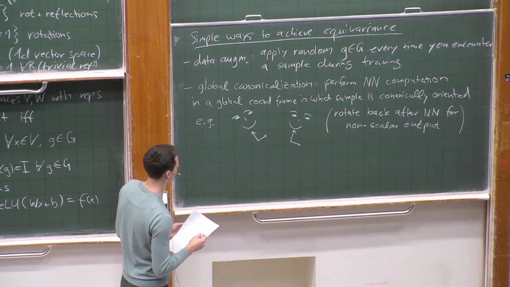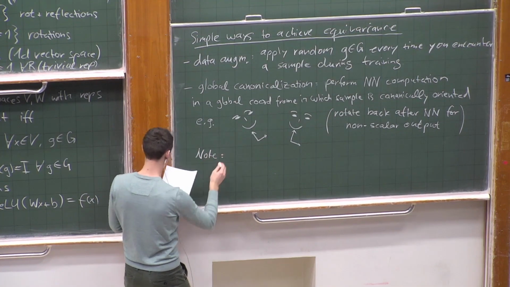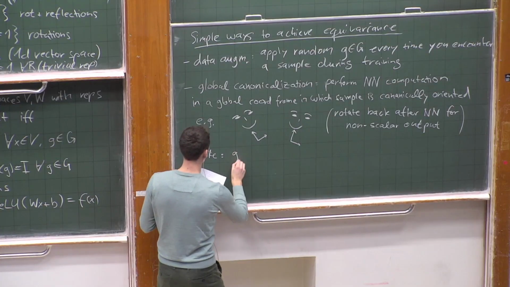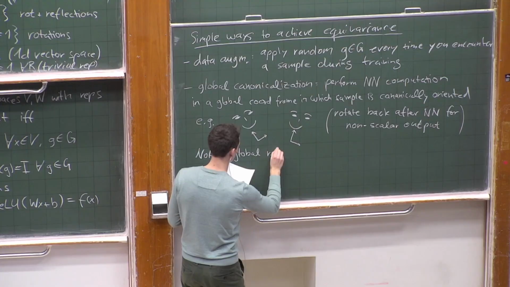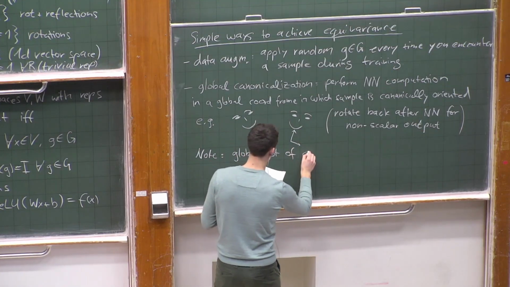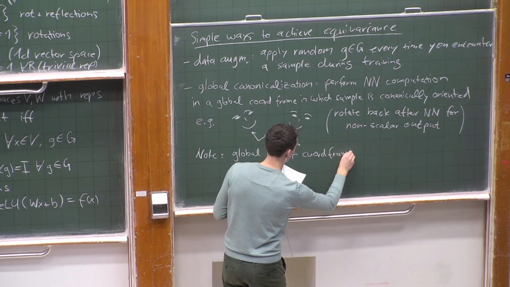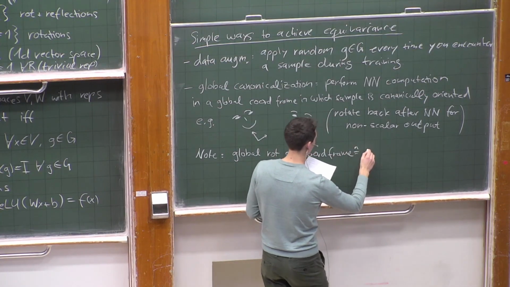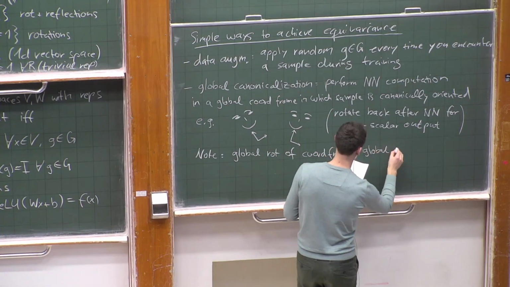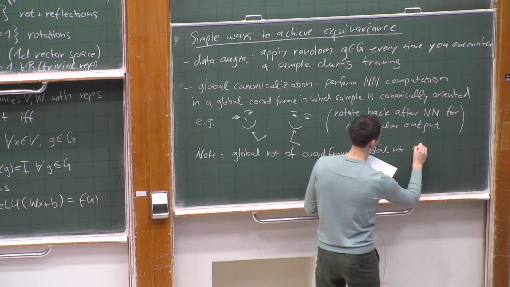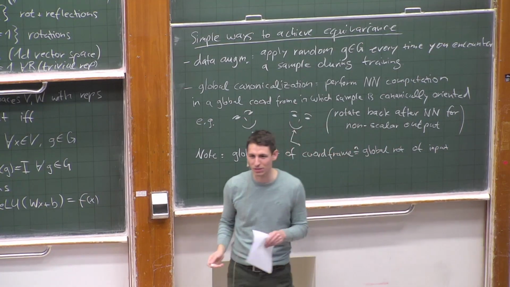And one thing to note at this point is that global rotation of the coordinate frame is equivalent to global rotation of the input. So I will sometimes use this interchangeably.